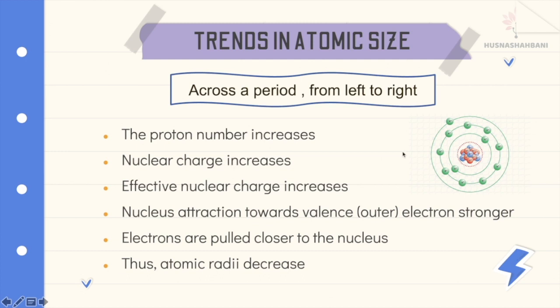Nuclear charge increases. When you have more and more protons, it becomes more and more positive. When nuclear charge increases, the effective nuclear charge increases. This means the charge felt by the valence electron is also increased, because the nucleus is more positive and the electron is more attracted.